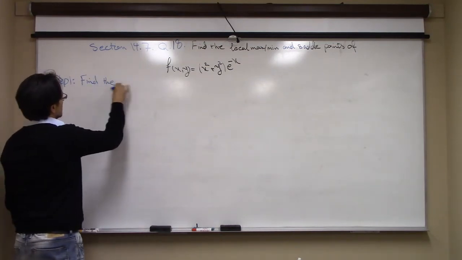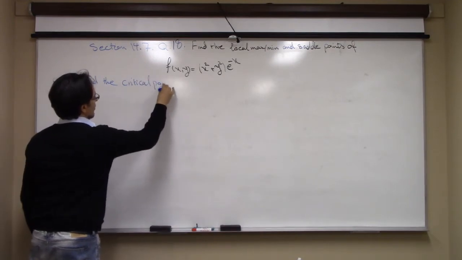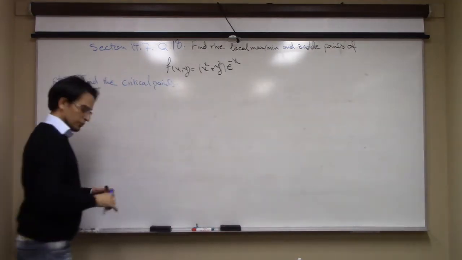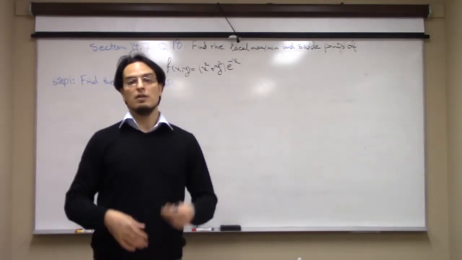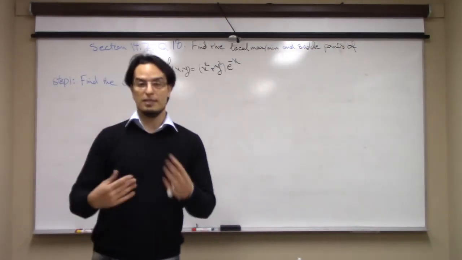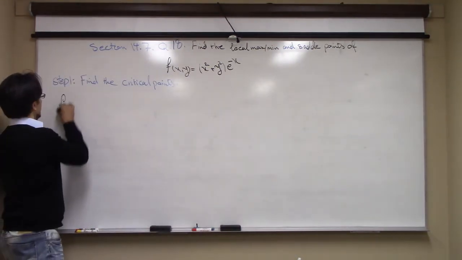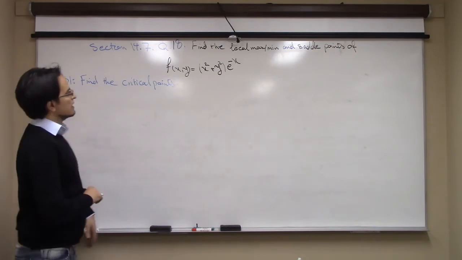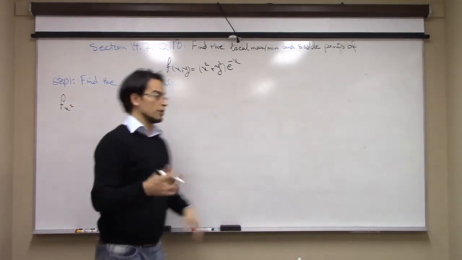Find the critical points. To find critical points, I have to find the first partial derivatives with respect to x and with respect to y, set them equal to 0 and solve for x and y. So, fx. This is a function multiplied by another function, so I have to use the product rule.